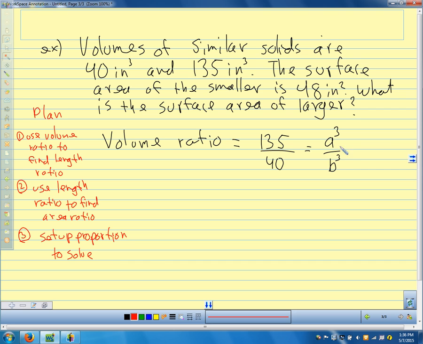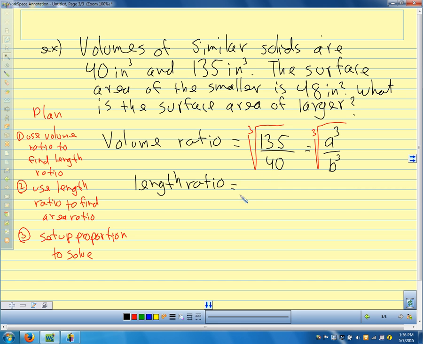So to get back to our length ratio here, we decided we're going to cube root. And so when I take the cube root, I get the length ratio. We can just do the cube root of 135, put that on the top, and the cube root of 40, and put that on the bottom.